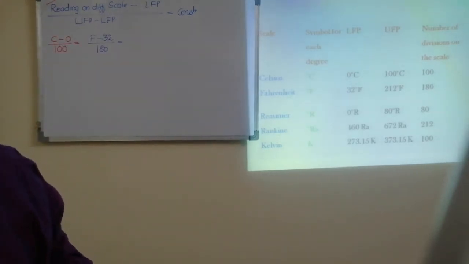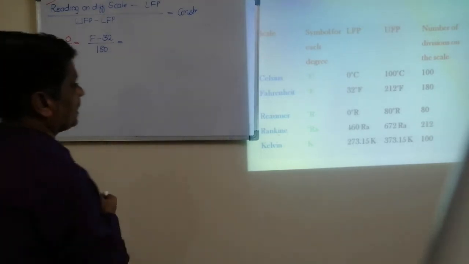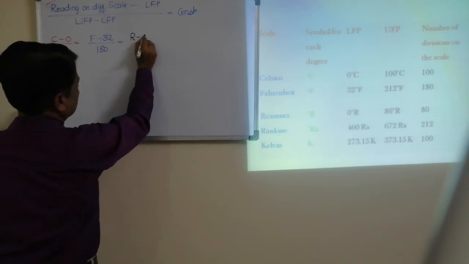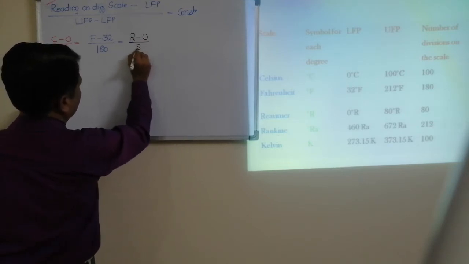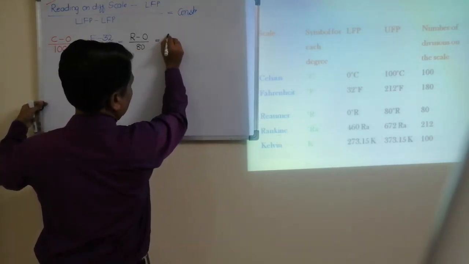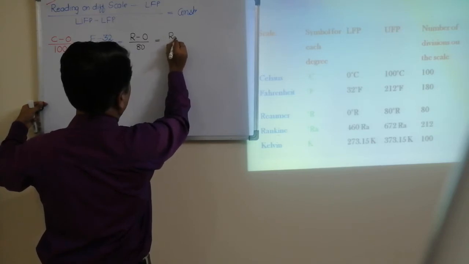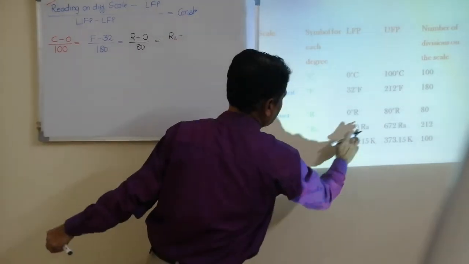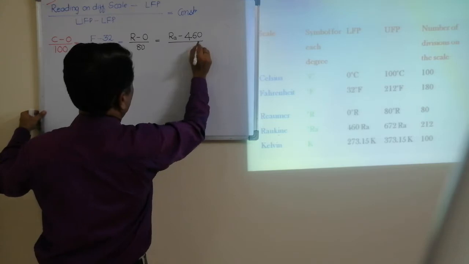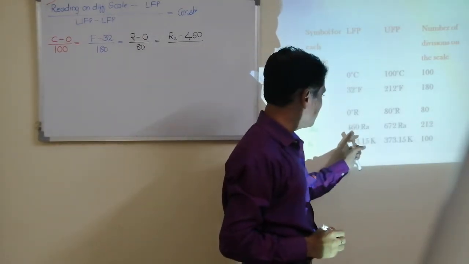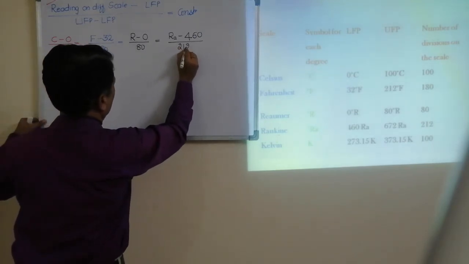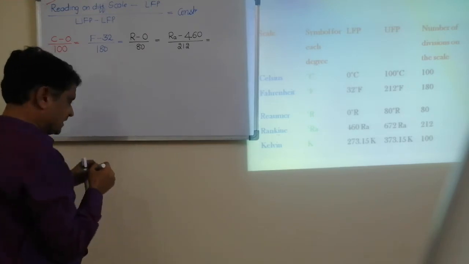Please try yourself. For the Reaumur scale, it is R minus 0 divided by 80. Okay, right? For the Rankine scale, it is RA minus the lower fixed point 460, divided by 672 minus 460, which is 212. That is equal to the Rankine scale.